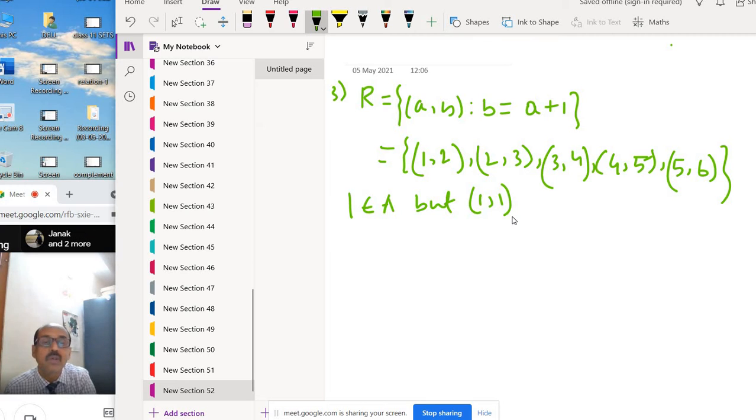Present are (1, 2), (2, 3), (3, 4), (4, 5) and (5, 6). So (1, 1) does not belong to R.